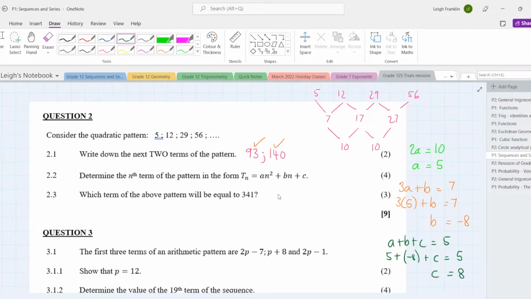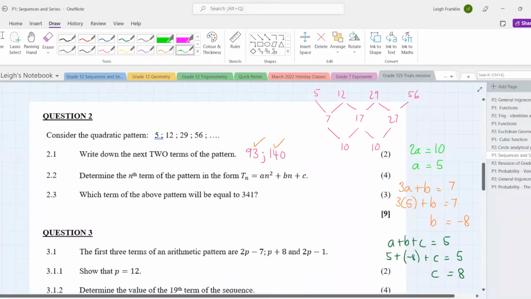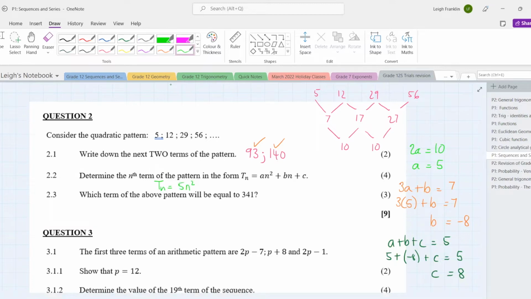Okay, now they want us to write the pattern in the form Tn equals an squared plus bn plus c. All right, so I'm just going to do it underneath. We have to write Tn equals 5n squared minus 8n plus 8.